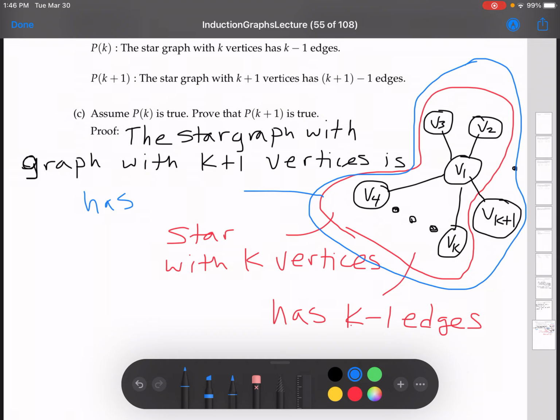It doesn't even matter that the red graph has k minus 1 edges. However many edges the red graph has, the blue graph just has one more than that.